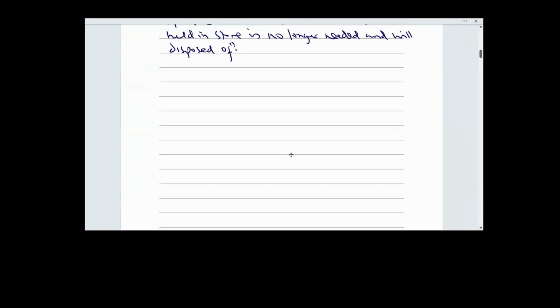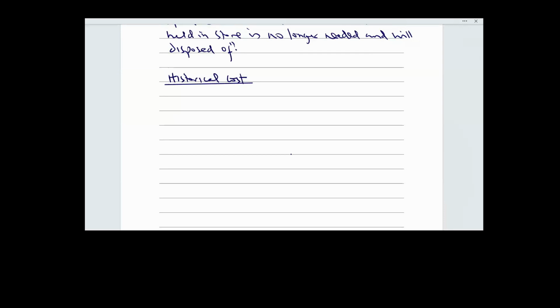Finally, the third one, which is historical cost. What do you mean by historical cost? This is also known as sunk cost.